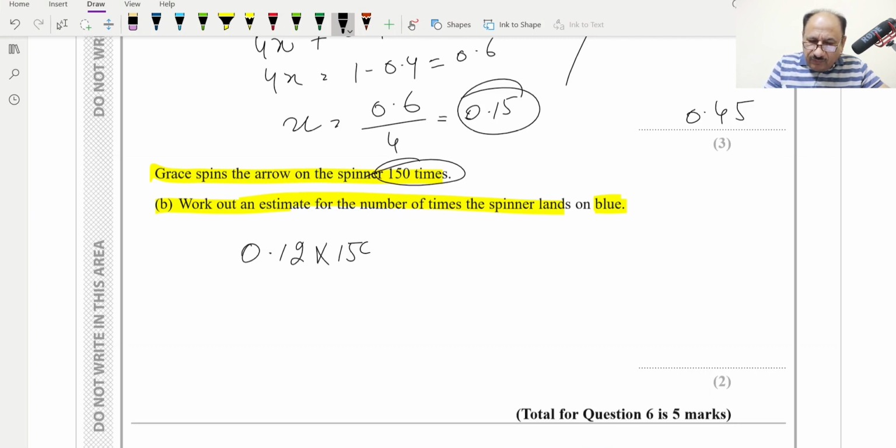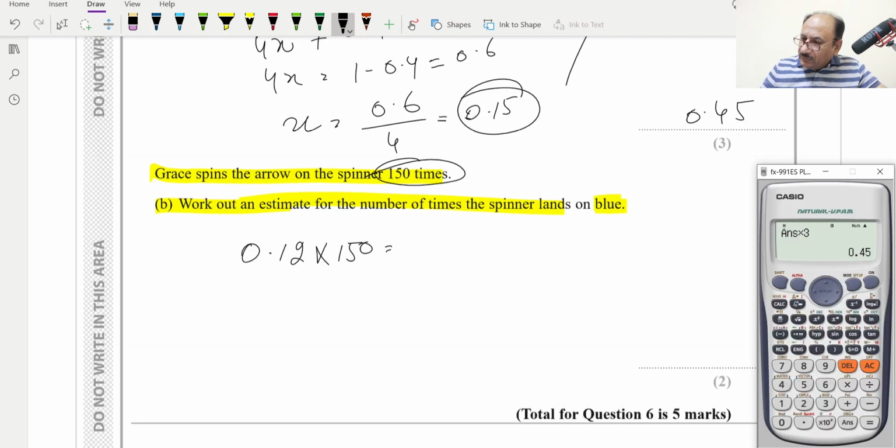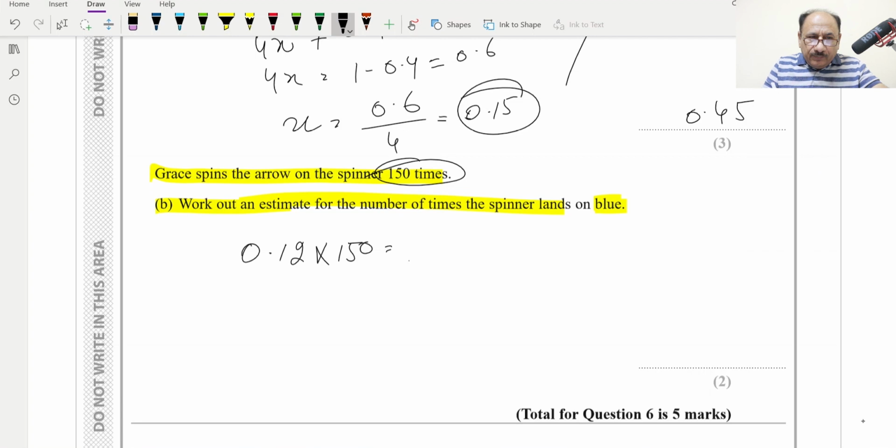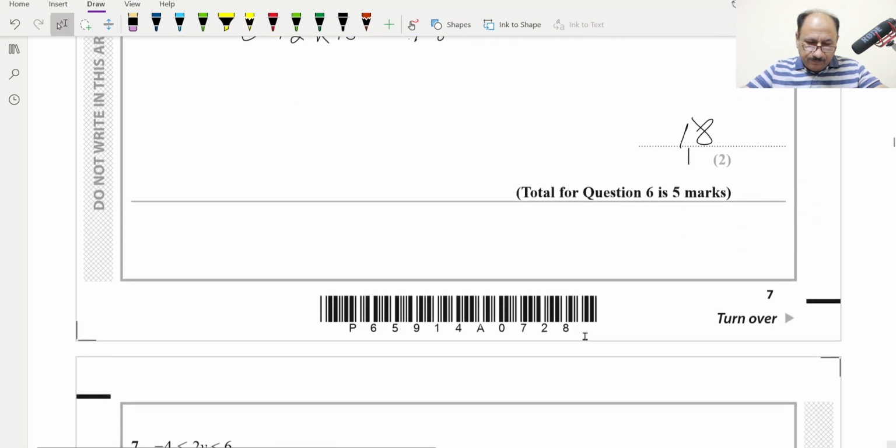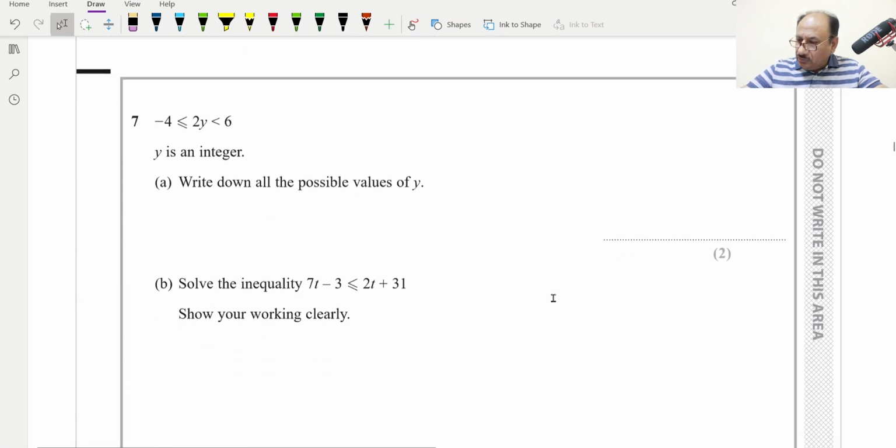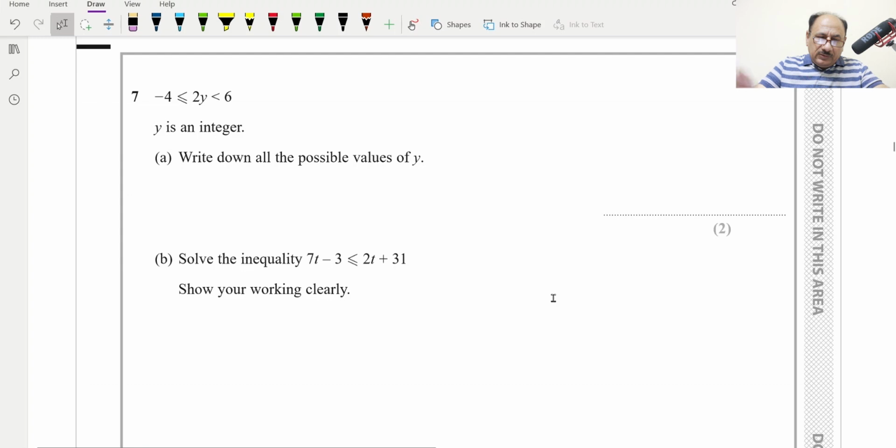So this will be 150 multiplied by 0.12, and this is equal to 18. So the answer will be 18 times, and we can provide 18 over here. This is also done.